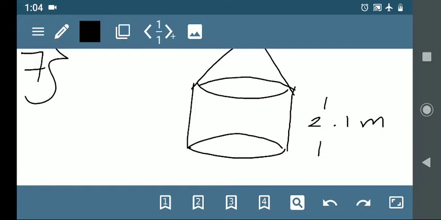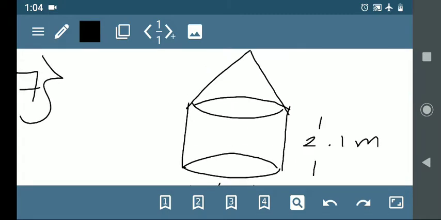And the diameter is 4 meters. Why diameter? The cylindrical base will be circular. And the slant height of the top is 2.8 meters.